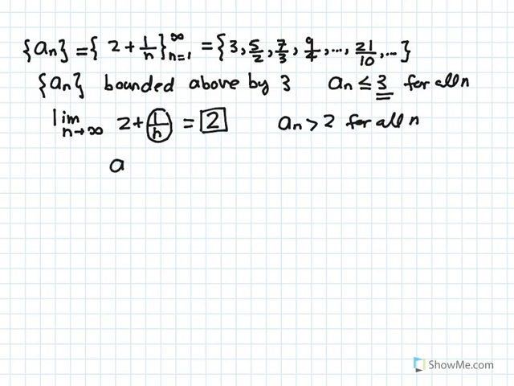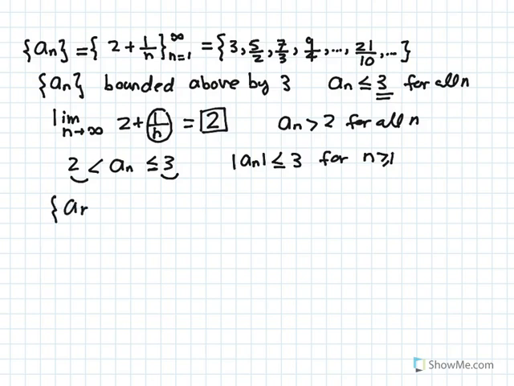That means the general term an is less than or equal to 3 and larger than 2. So it has an upper bound, which is 3. It has a lower bound, which is 2. So we can say the absolute value of an is less than or equal to 3 for n larger or equal to 1. That means the sequence an is a bounded sequence.